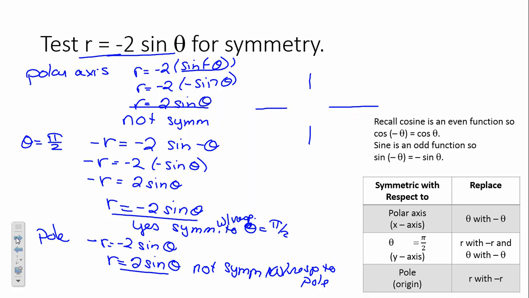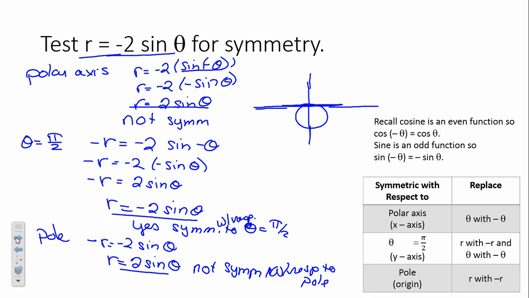Does it make sense that this is not symmetric with respect to the polar axis? It doesn't open evenly above and below what would traditionally be the x-axis, right? Is it symmetric with respect to the origin or the pole? No. Okay, because it's not opening evenly around it.